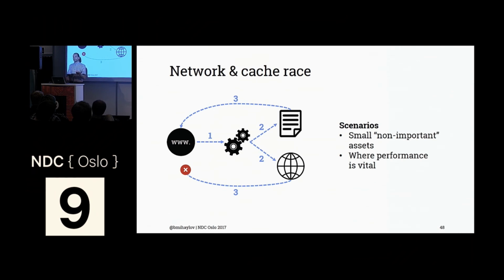Otherwise, just show me the one from the cache. This is a very interesting pattern that you could use where performance is very vital for your application. And your users will always get the newest one, given that they're in areas with quality connection.